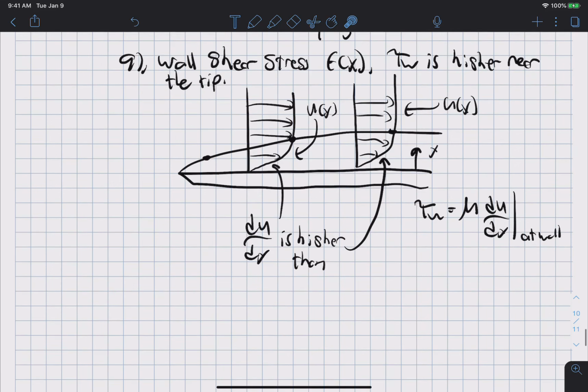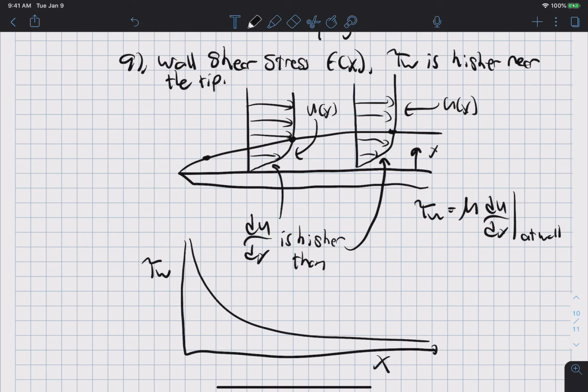And if I was to plot, at least qualitatively, the wall shear stress, it would look something like this. And in theory, it's singular at the very tip of the plate. That just basically means that the boundary layer theory is not accurate near the tip. It's not that the shear stress actually goes off to infinity. Okay?